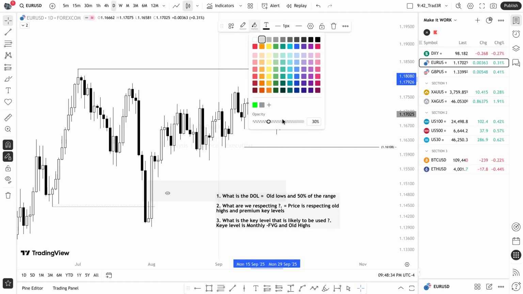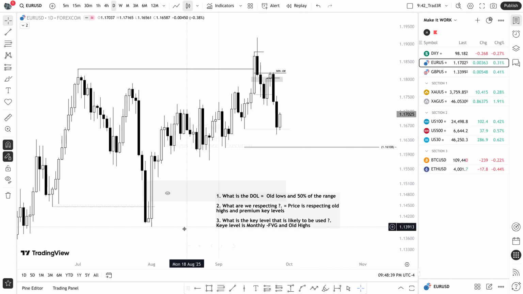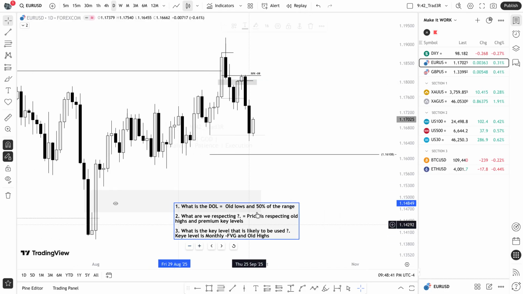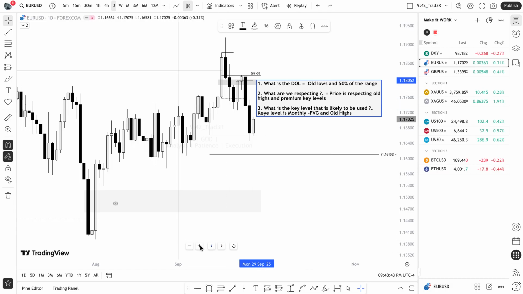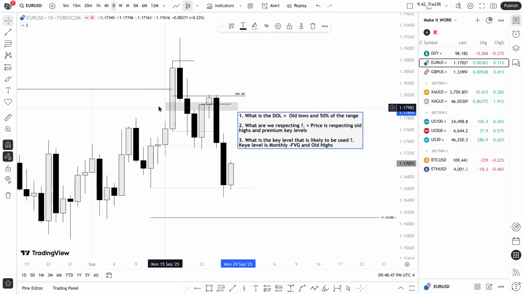range, which is these two fair value gaps. Let me zoom in so you see. So these two key levels, these two fair value gaps, this is a gap here and this is a gap here.